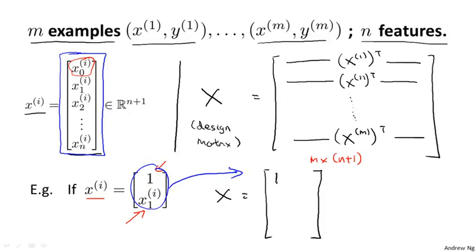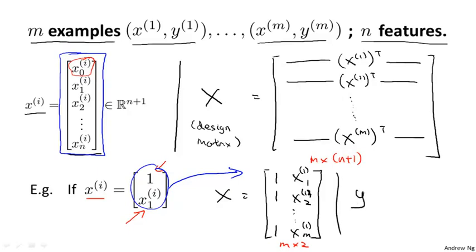So I'm going to end up with 1, and then x1, 1. For the second row, I'm going to end up with 1, and then x1, 2, and so on down to 1, and then x1, m. And thus this will be an m by 2-dimensional matrix. So that's how I construct the matrix X.